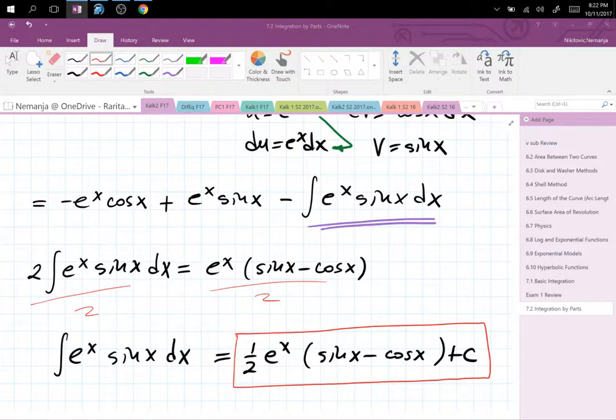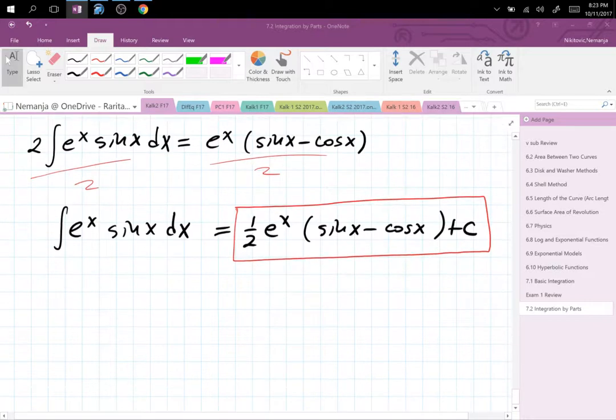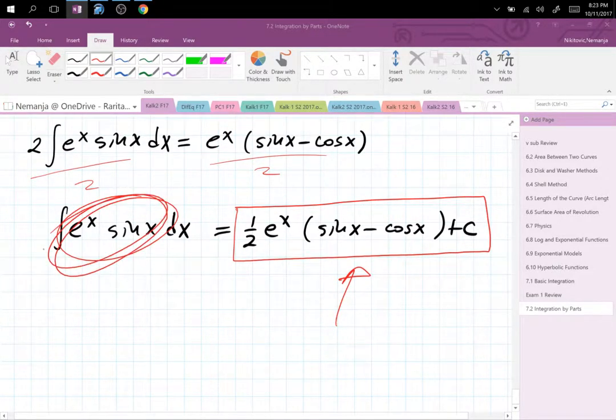Well, what Mathematica? Just take the derivative. It's a product rule. Take the derivative right there and make sure that this is equal. When you take the derivative of this, make sure you get this. That's how you check.